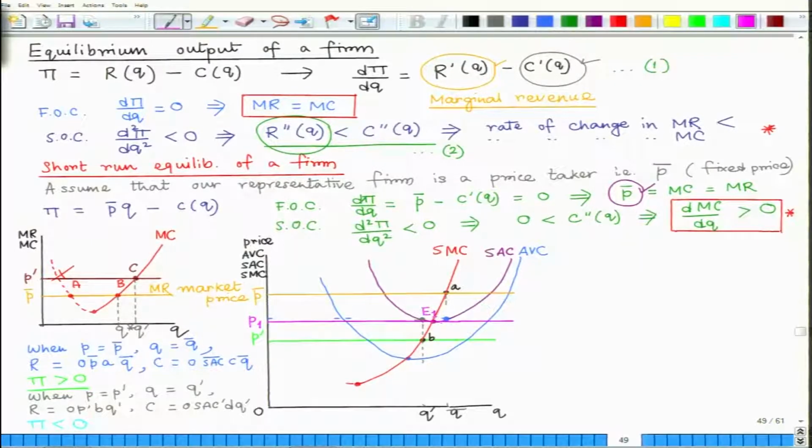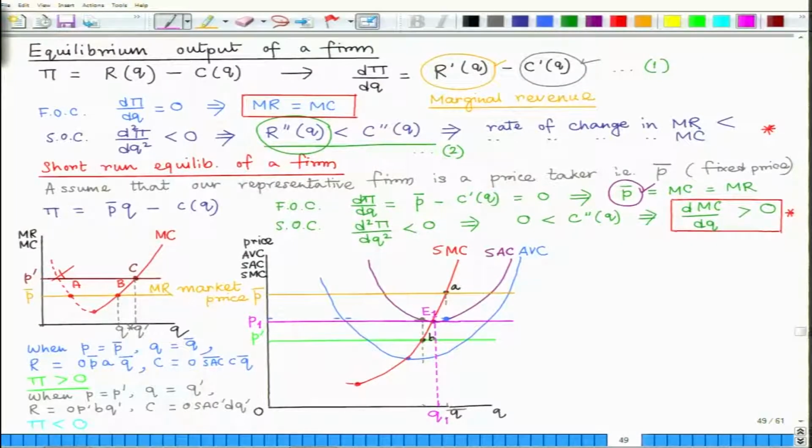Note that at this point E1 my first order condition and second order condition are both met, because we know that the marginal cost curve passes through the short run average cost curve. So here the firm will find its equilibrium and the firm will produce Q1 level of output.